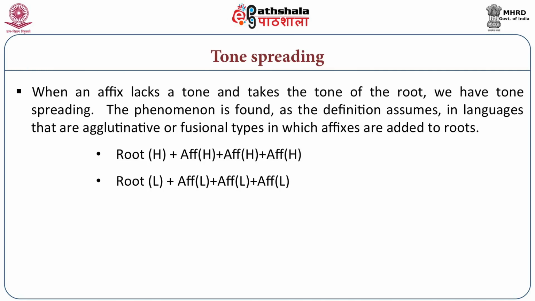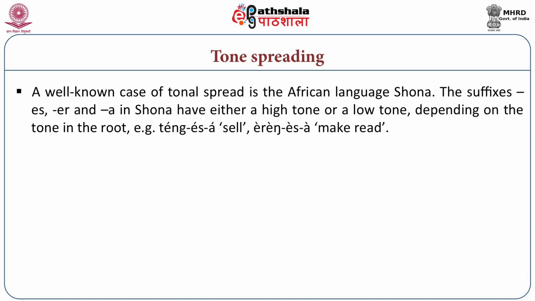We have described here how spreading takes place. If the root has an H, then all the affixes have also come to have H. If the root has L, then all the affixes also come to have L, that is low tone. And we have some examples from Shona here to illustrate the process.